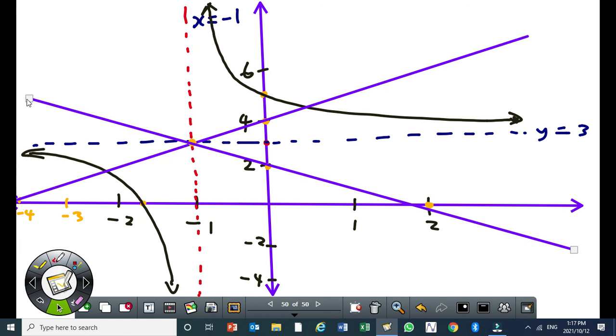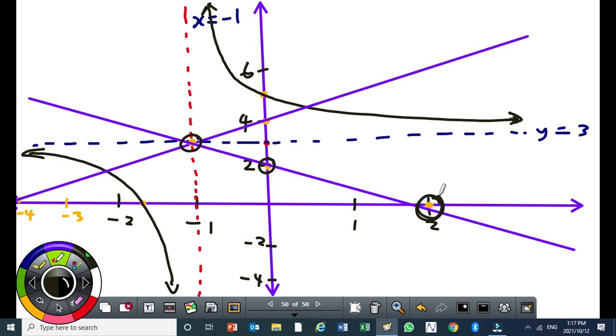So this point here is supposed to be at x equal to 2, and it's supposed to be y equal to 2. And this is supposed to be at the point of intersection. Because of my scale, it's not coming out right here.